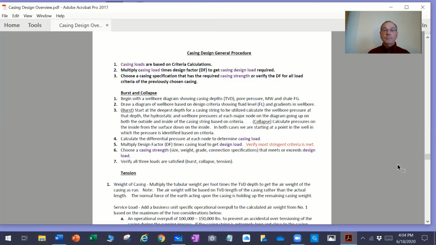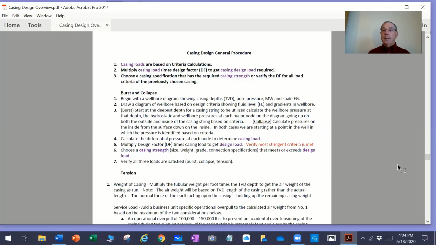And then once you've calculated the pressure in number 3 on the inside and the outside, you calculate number 4: the differential pressure at each node to determine the casing load. So let's just say at 10,000 feet, you have a pressure on the inside of 8,000 PSI.